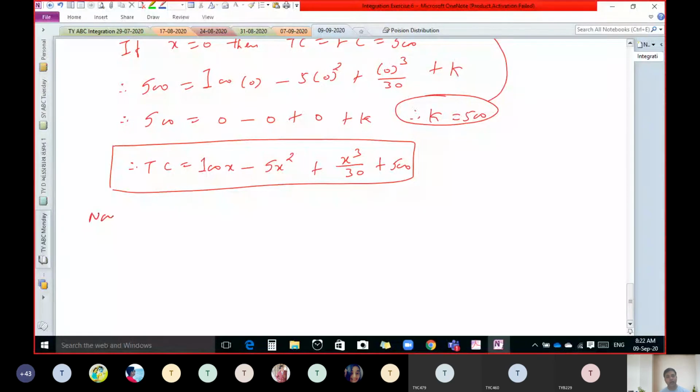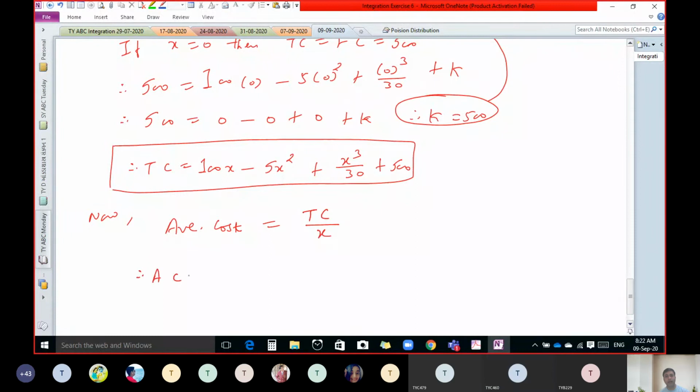And now average cost. Any of you know the formula of average cost? What is formula of average cost? TC upon X. Correct. Total cost upon X. Perfect.